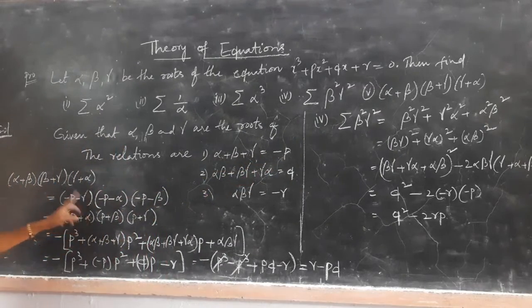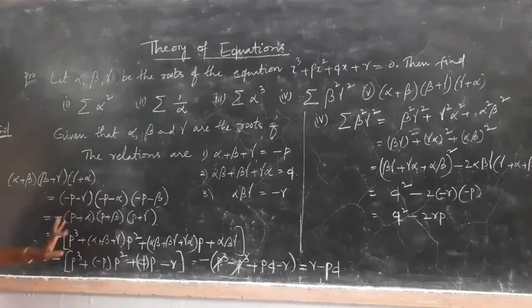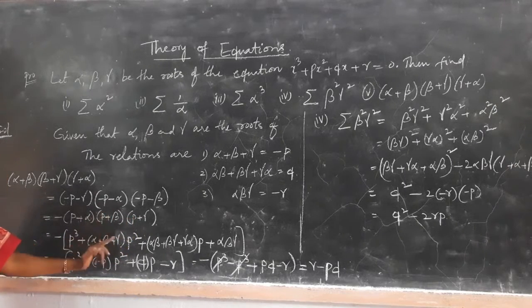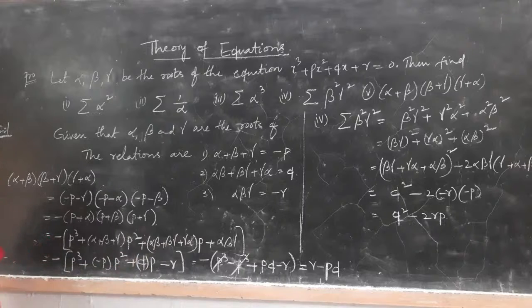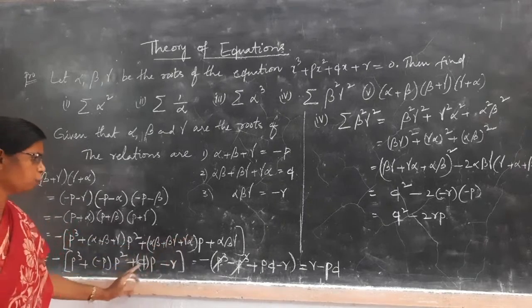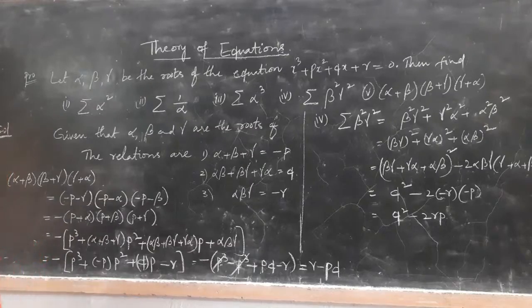Similarly, beta plus gamma is minus p minus alpha, like that. After taking the common minus, it comes like this. Open these 3 brackets and multiply. Then alpha plus beta plus gamma is minus p, this is q and this is minus r. Okay, simplify. Okay, this is the problem.